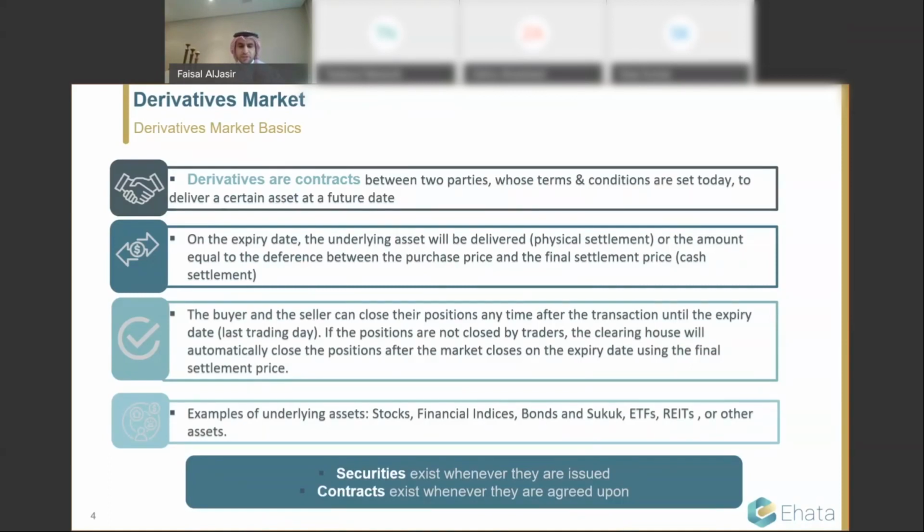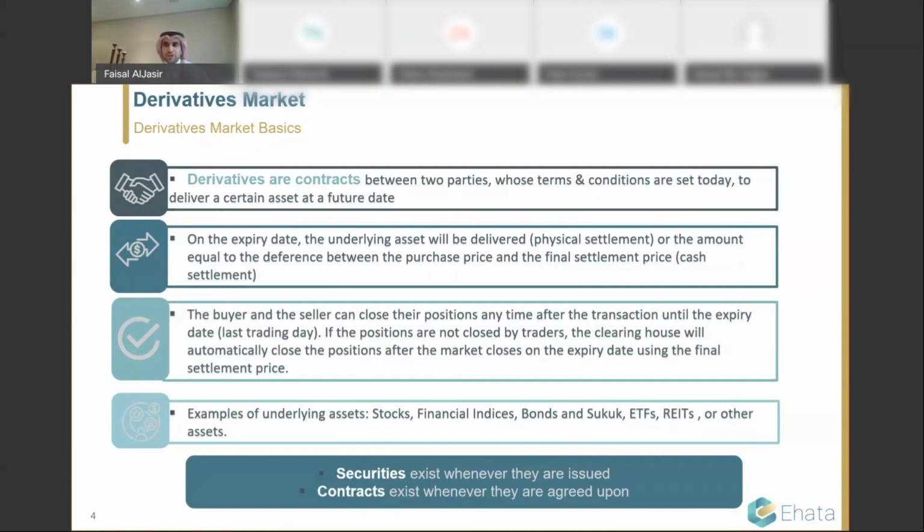A derivative is a financial security with a value that is reliant upon or derived from an underlying asset or group of assets. So again, it is a contract between two parties. Terms and conditions are set today to deliver a certain asset at a future date.